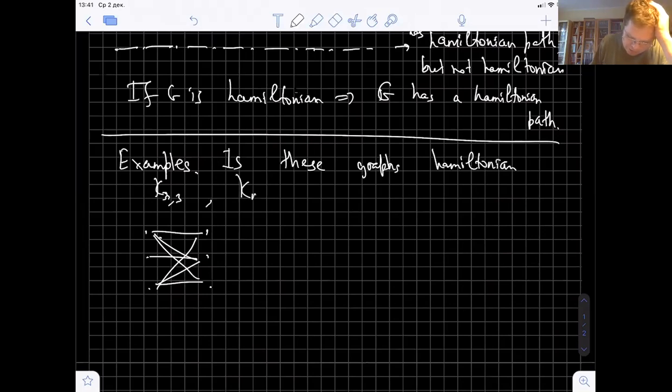You can ask yourself, is the graph Kmn, the complete bipartite graph where the first part has m vertices and the second part has n vertices, and we take all edges from the first part to the second part, Hamiltonian? And for which m and n is this graph Hamiltonian? The second example will be the so-called Petersen graph.